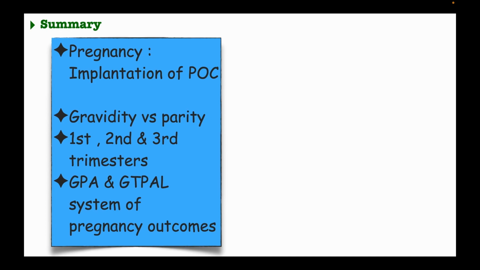And we also learned that pregnancy is divided into three main stages. And so we have the first, second, and third trimesters of pregnancy.